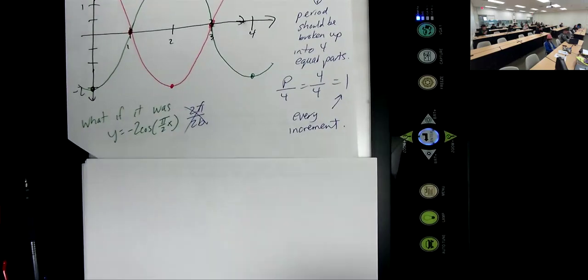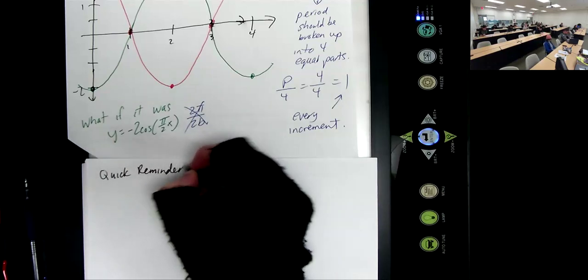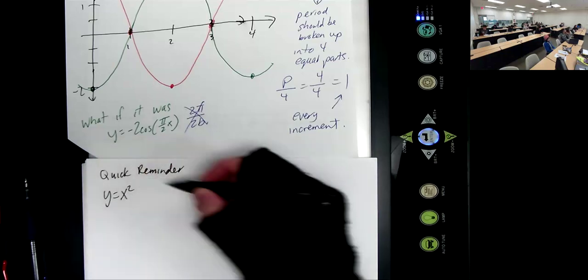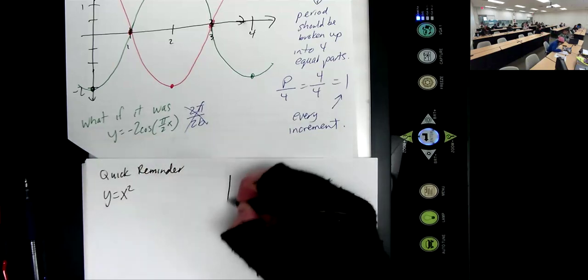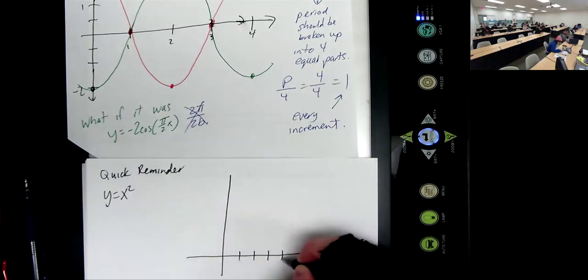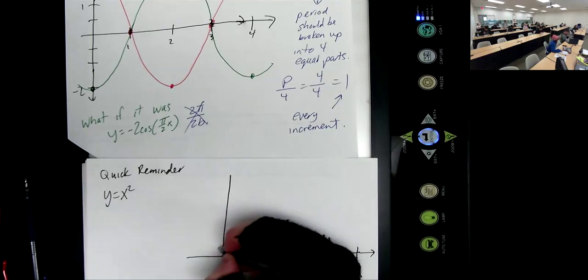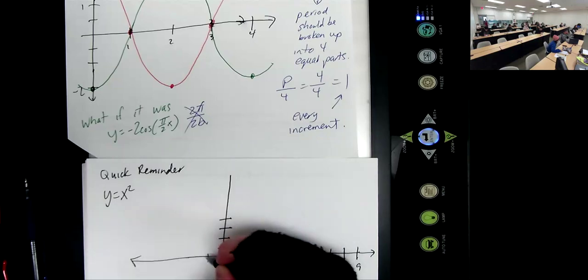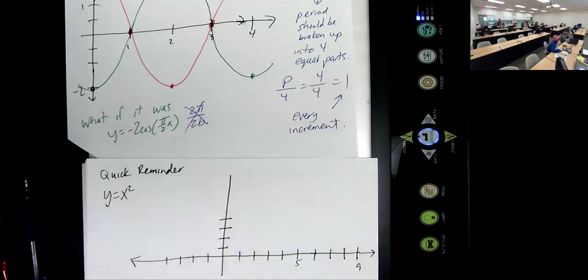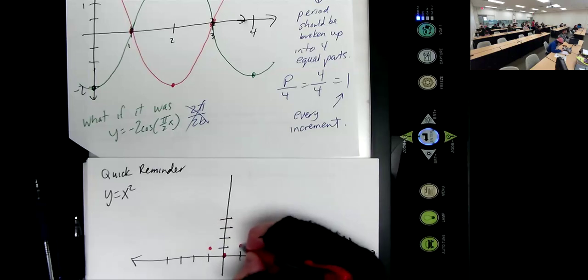Alright, so quick reminder. We had y equals x squared. Y equals x squared is this graph right here.